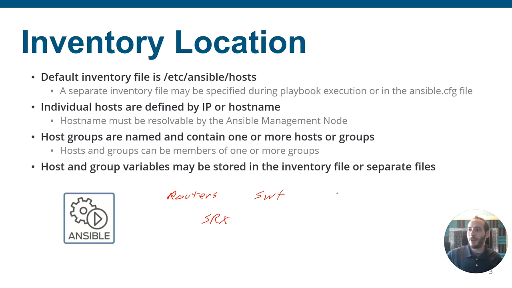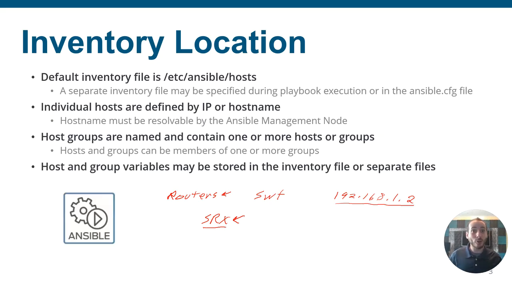If I have my 192.168.1.2 node, and this is an SRX router, then I can have it be a member of the routers group and also of the SRX group, so that I can specify both of these. Now, it does feel a little redundant, right?